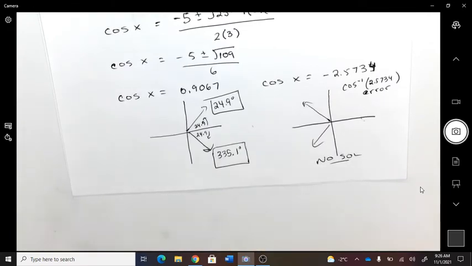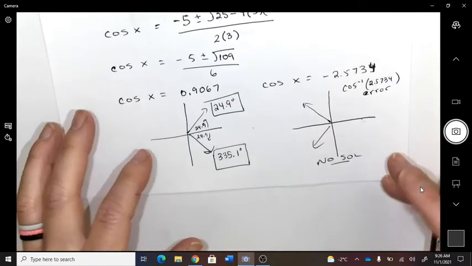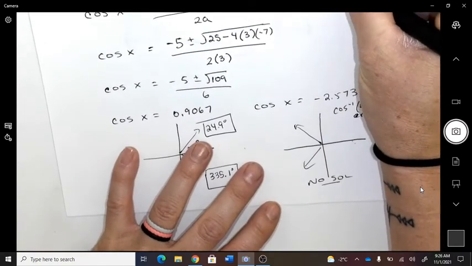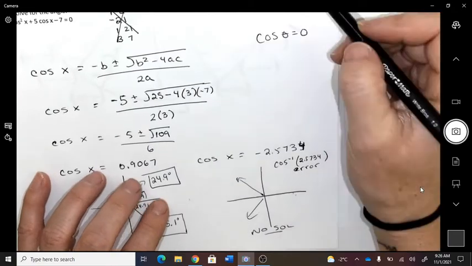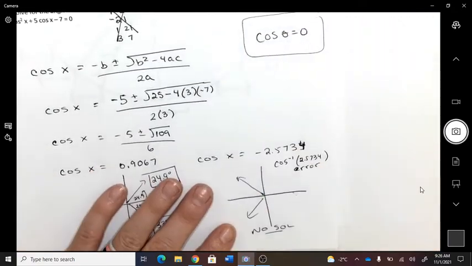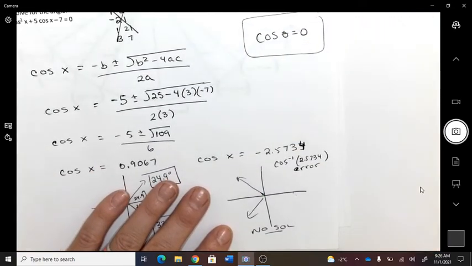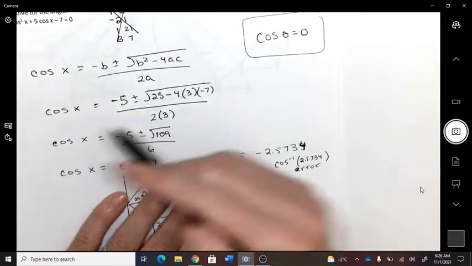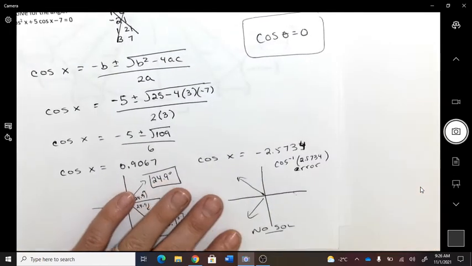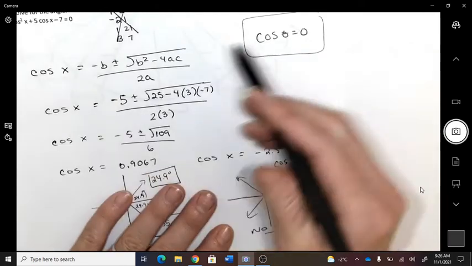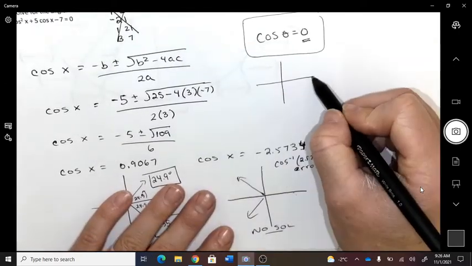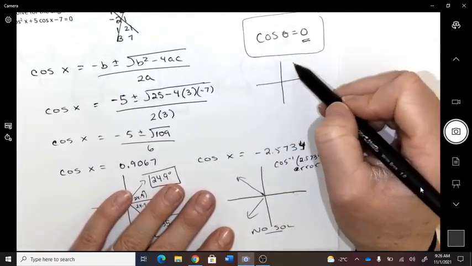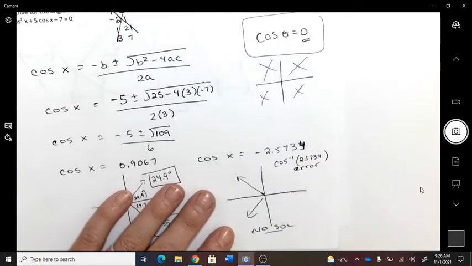Okay, the only other thing that I could think of that wasn't really on this page is, what if you had a situation like this? Where is your angle? That is not positive or negative. So you cannot be in any of the quadrants.